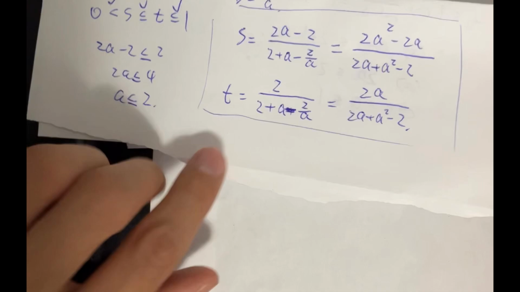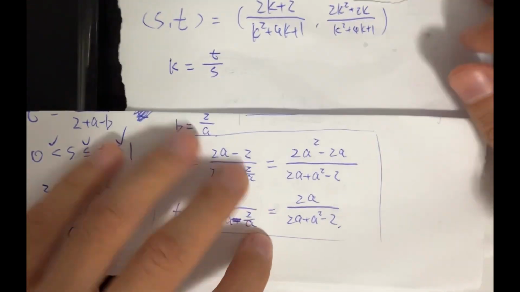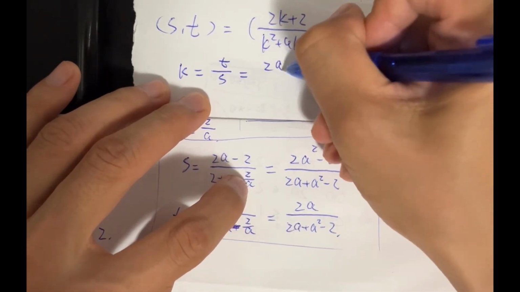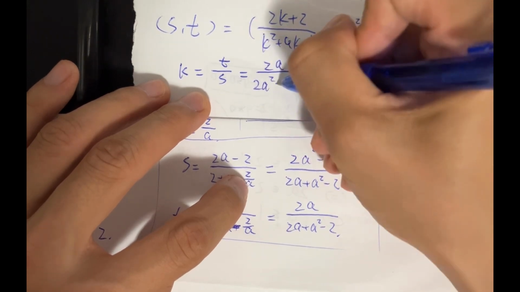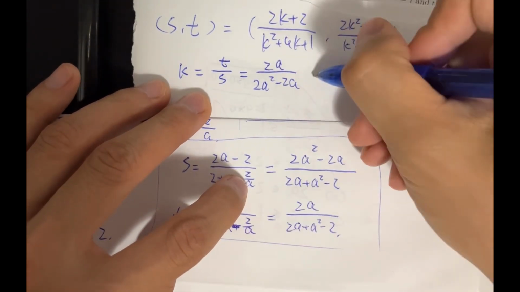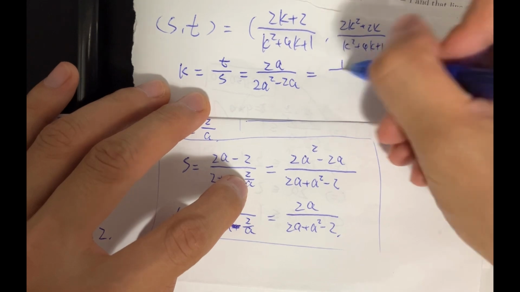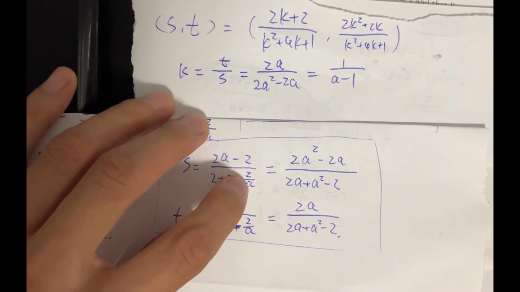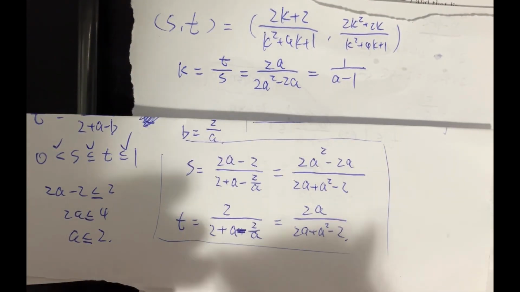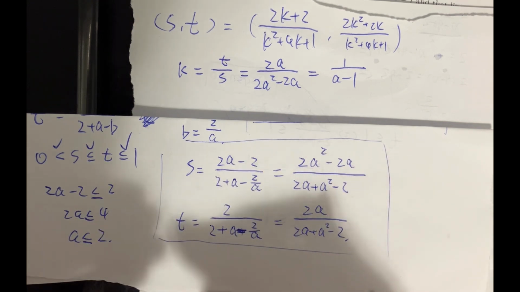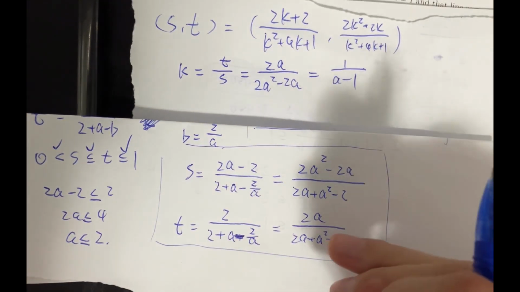And how about our solution? In our solution, what is T to S? Let's just copy and see: 2a squared minus 2a. Okay, that's it. And after that, we get 1 over a minus 1. It seems that maybe there's something going on between the official solution and my solution.